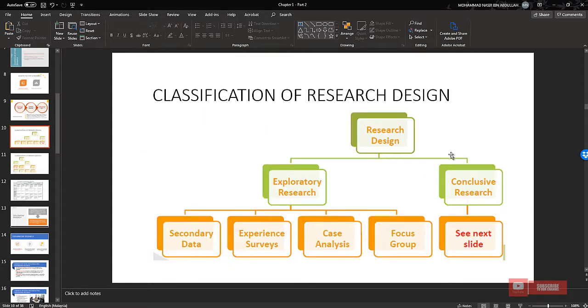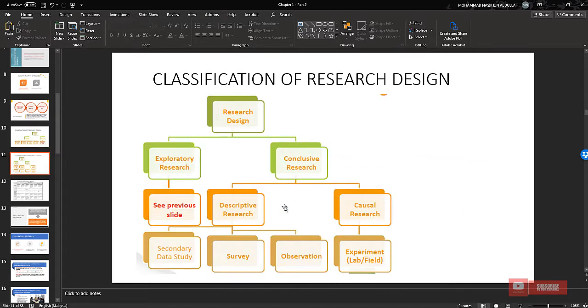So basically, we need to understand there are 2 types of research design, where the first is exploratory research and the other one is conclusive research. For conclusive research, they are divided into 2 parts, descriptive research or causal research.